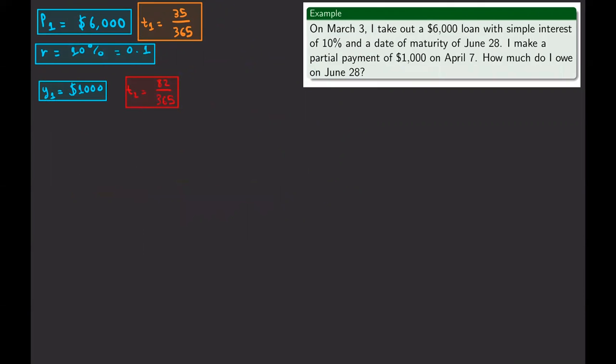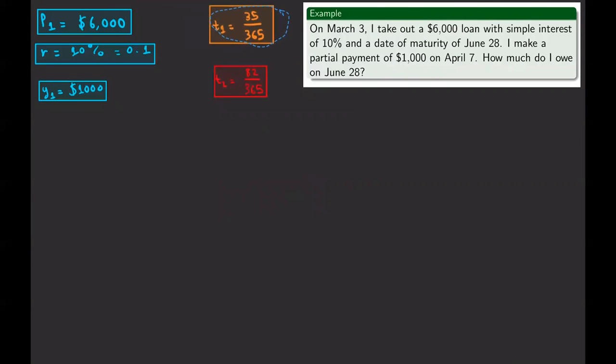All right. So we have all of the relevant information. We've got our times. We've got our starting principal. We've got our interest rate. Let's go ahead. I do actually want to make this a different color as well, just to point out that it's going to be used a little bit later. Great. So we're going to start off with the blue and the orange here, and we're going to calculate the interest that accrues in this first chunk of time.